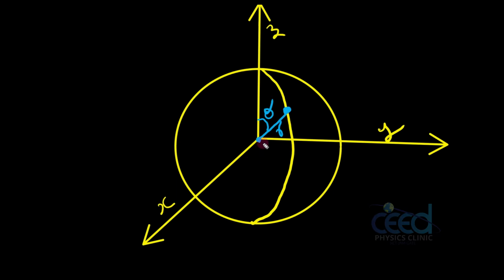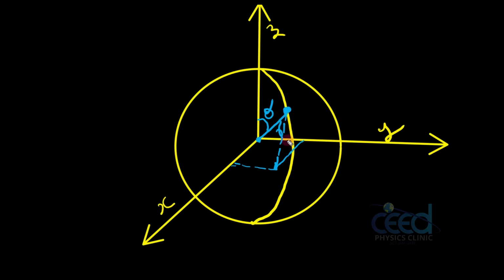How can I represent this height? Consider a plane. This is the xy plane. From the xy plane, if I draw a perpendicular to this point, this is actually z.